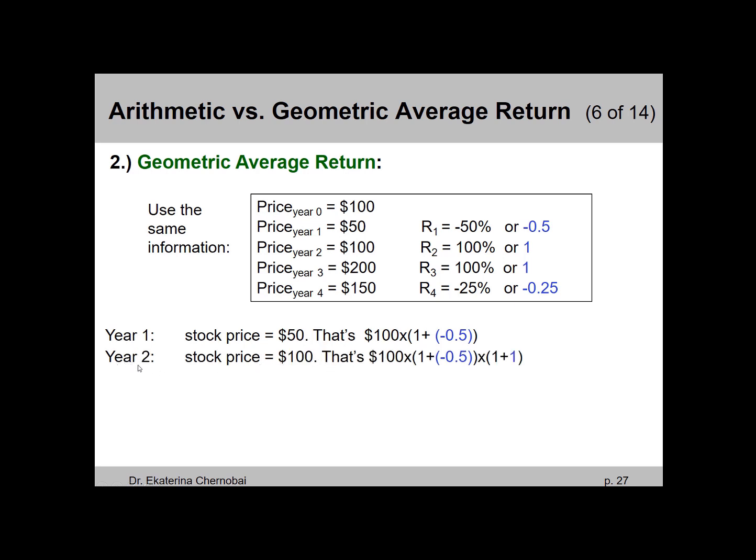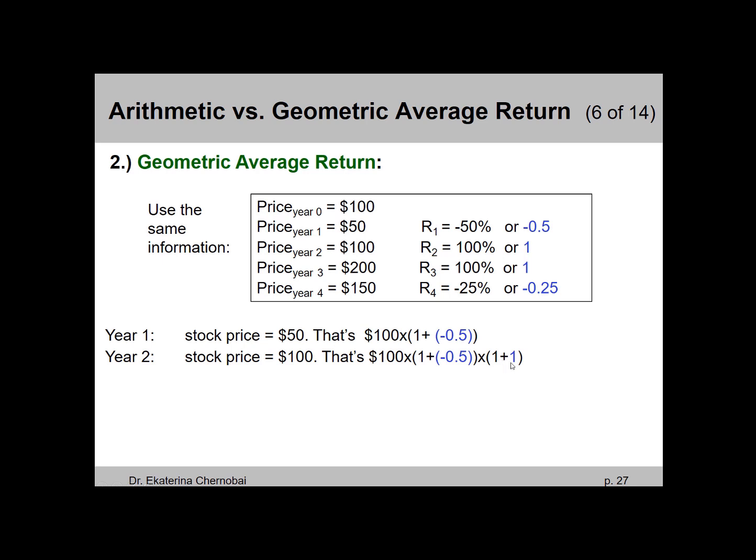Now, year two, stock price goes to 100, which is given, right? It's as if you are saying that you started with $100 in year zero, and then you multiplied by 1 plus the return in the first year times 1 plus the return in the second year. So it's like doing the future value calculations. Remember FRL 300, chapter 5.